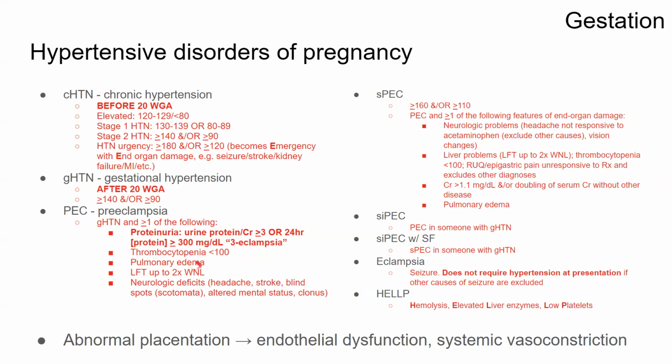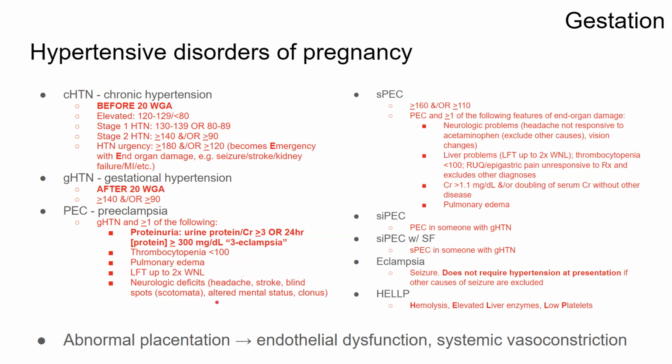You can also make a diagnosis of preeclampsia if they have the other features, like thrombocytopenia less than 100, pulmonary edema, or if their liver function tests are up to two times the upper limits of normal.